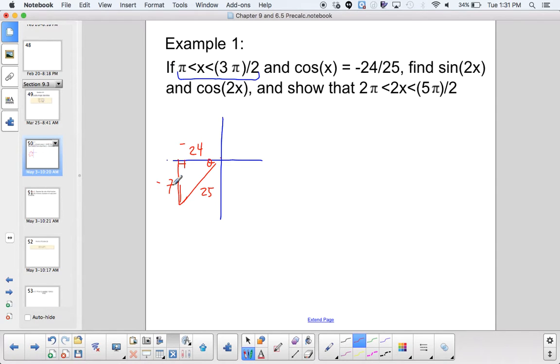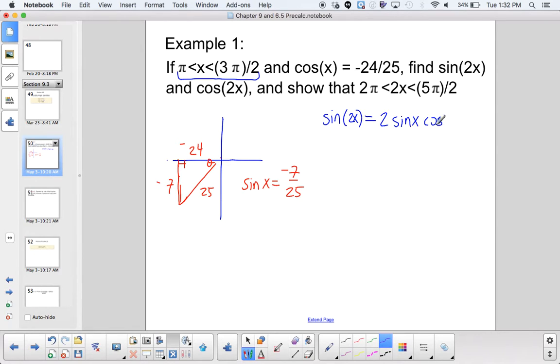Okay, so from that information, we also know that the sine of x is equal to negative 7 over 25. So that's some extra information, which we will need. Okay, and so now let's look at the sine of 2x. Using the previous identity, it says that sine of 2x is 2 times sine x times the cosine of x.